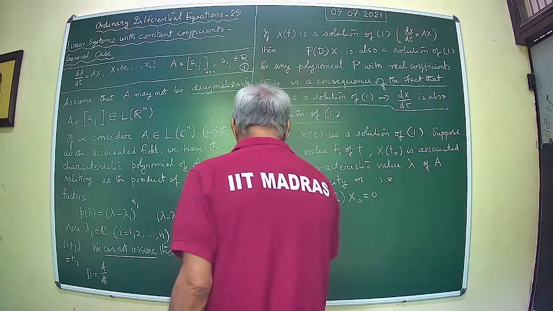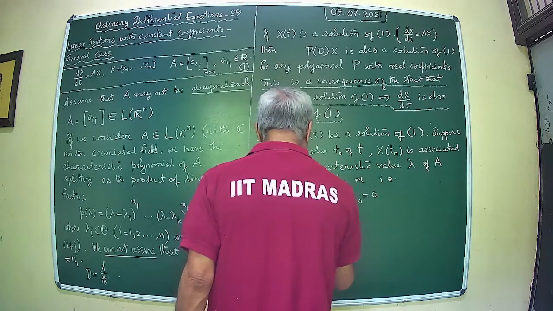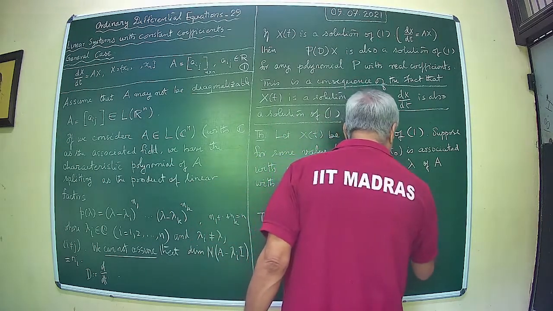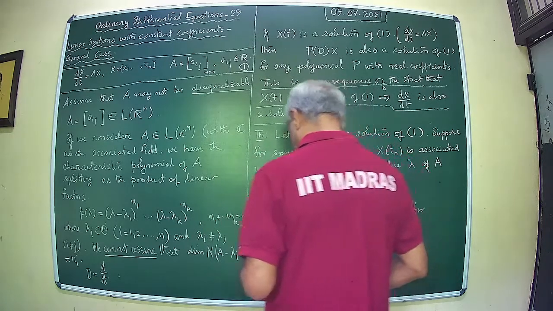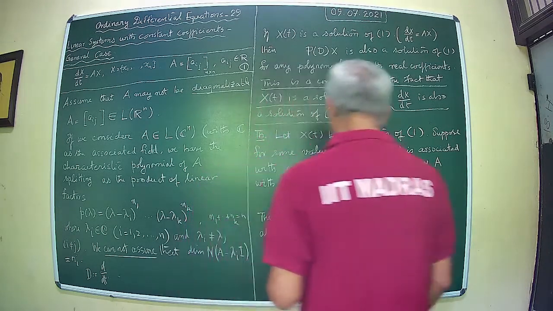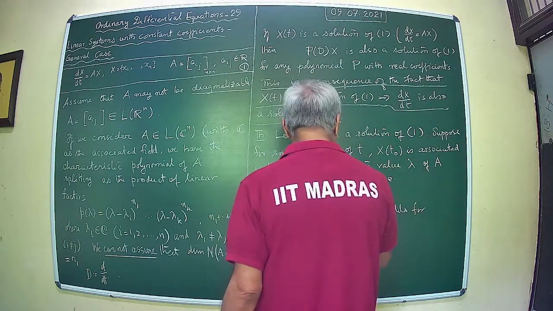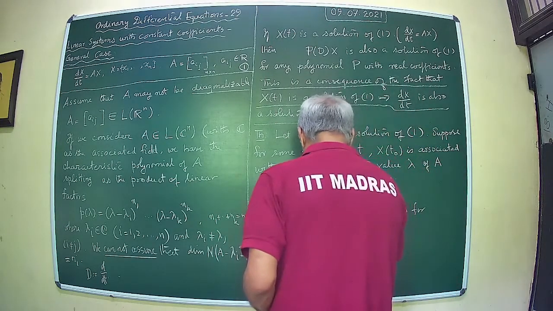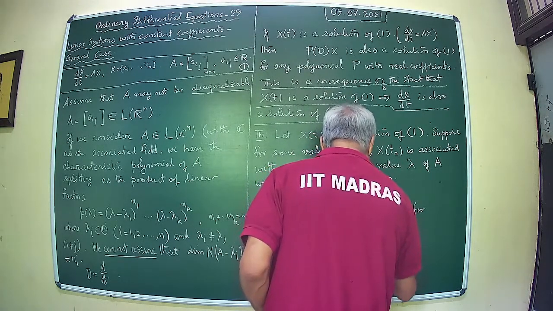Then the same holds for all values of t, that is, (A minus lambda I) to the power m x(t) is equal to 0.